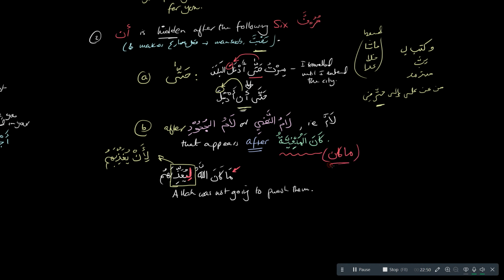Okay, so ila an means until, or illa an means but that, unless. So if aw comes in this meaning, let's give some examples of these sentences. لألزمنك أو تعطيني حقي. I will not leave you until you give me my right.